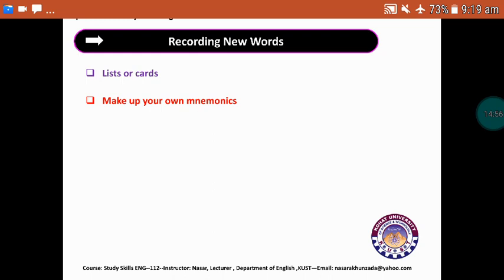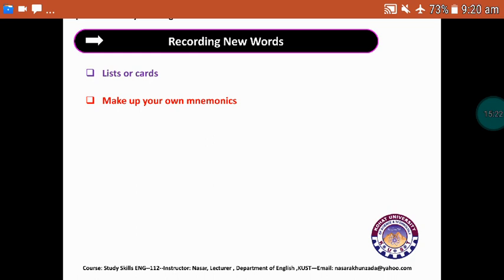It could be a sentence including a string of new words such as colors, or means of transport with the initial letters spelling a word, like the acronym HOMES that some people use to remember the names of the Great Lakes of Canada. It could be a rhyme or an association.